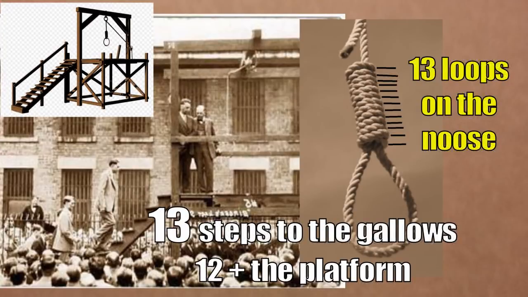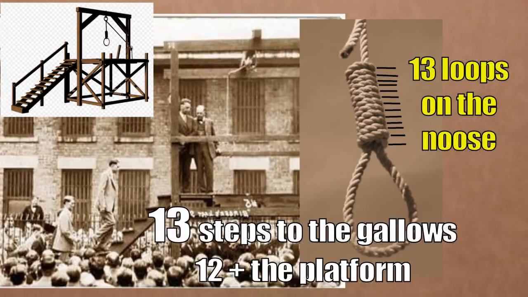For instance, there will be 13 steps to the gallows. So once again, there'll be 12 steps, but the 13th step is onto the platform itself. But also the noose traditionally has 13 loops, and I'll have a little clip at the end to explain that a little bit further.